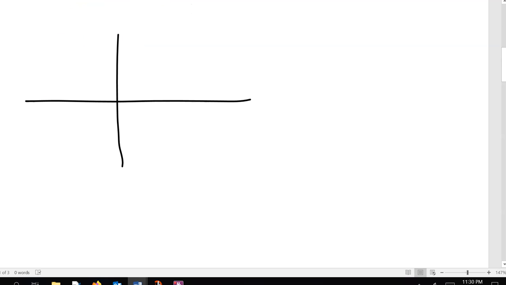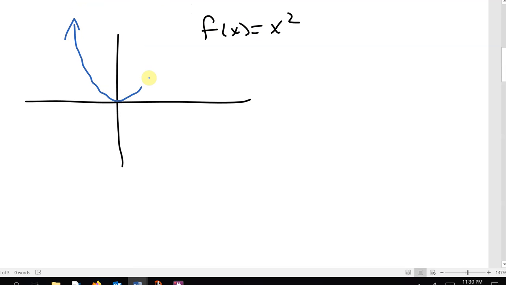So let's say that we have the function f of x equals x squared. Just as an ugly little sketch. I'm not a great artist or anything, and I'm not worried about precision here. So just general idea. So let's say we want to consider this point where x equals 2. So the first thing is we look at the limit as x approaches 2 of our function.